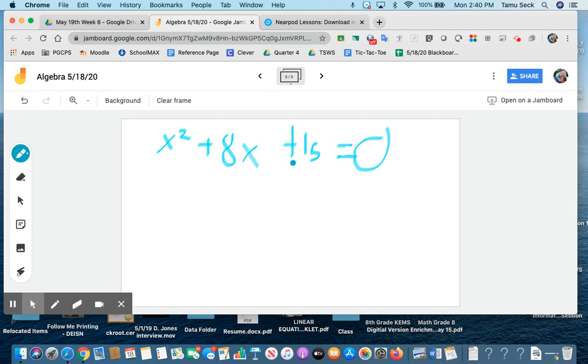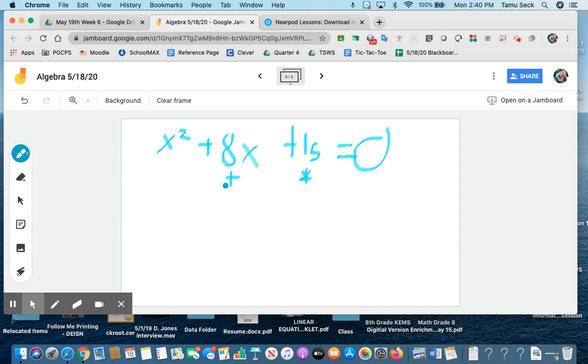So we're looking for two numbers that multiply to 15 but add to 8. What are those two numbers?